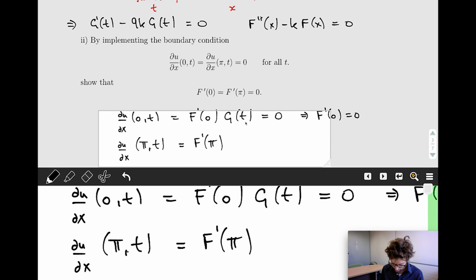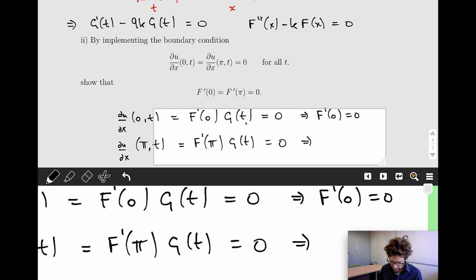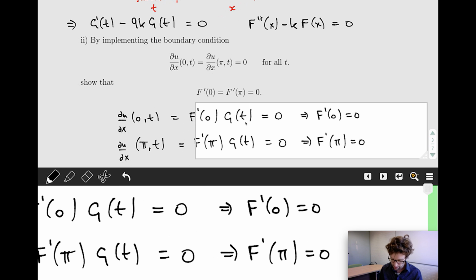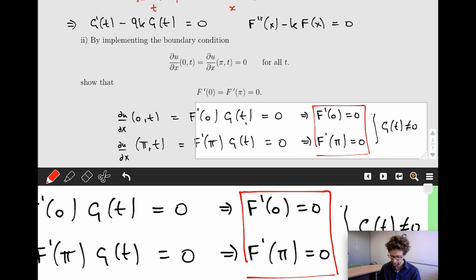That's going to give me f prime at pi, g of t, equals 0. And again, g of t can't be 0, so that means f prime at x equal to pi is equal to 0. So these are our boundary conditions that we'll make use of when we're looking for solutions of f of x.